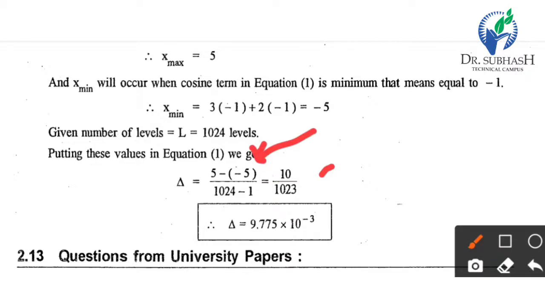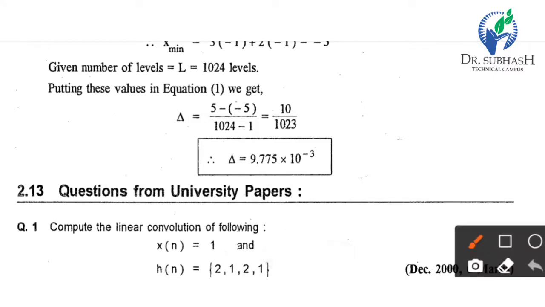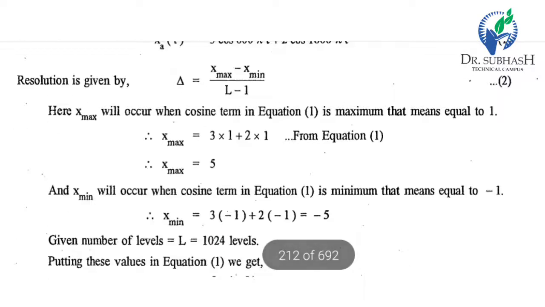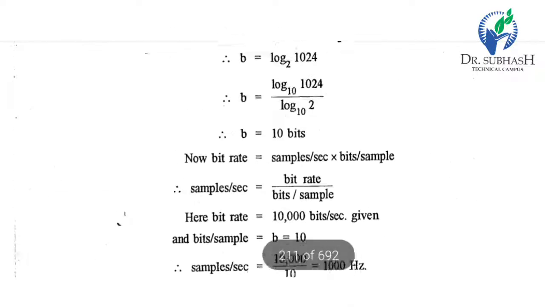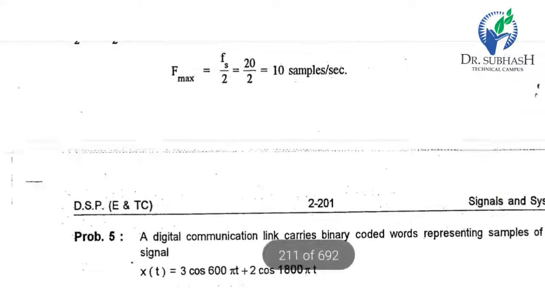So we get resolution equal to 9.775 multiplied by 10 raised to -3. So this type of example we should know, and practice more from the previous question papers.